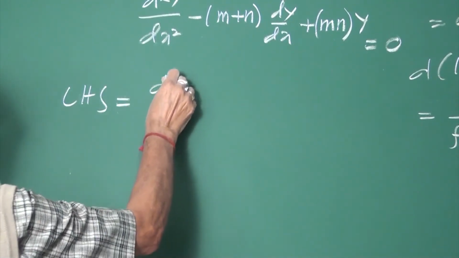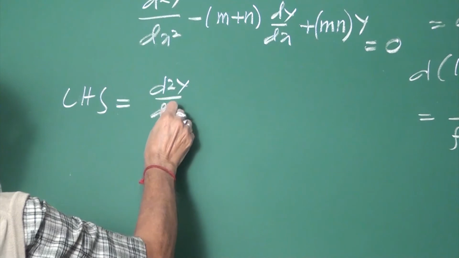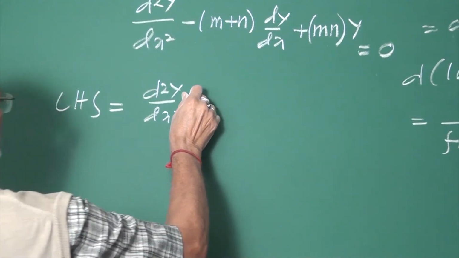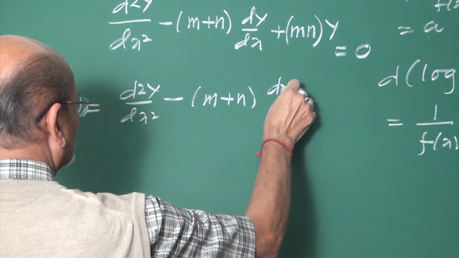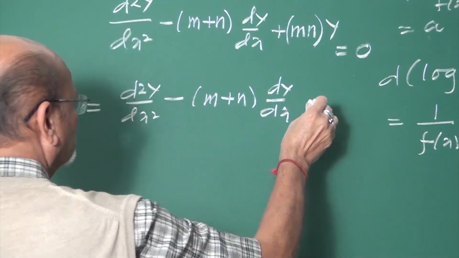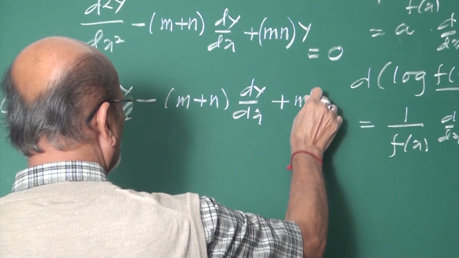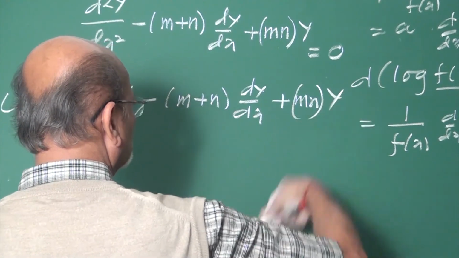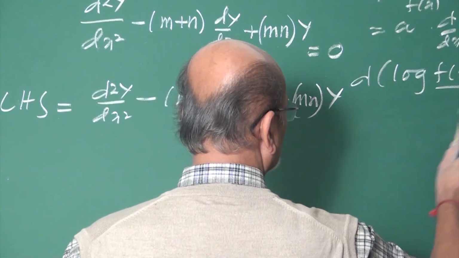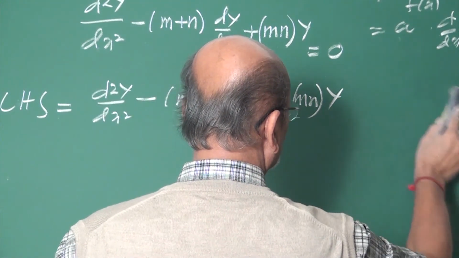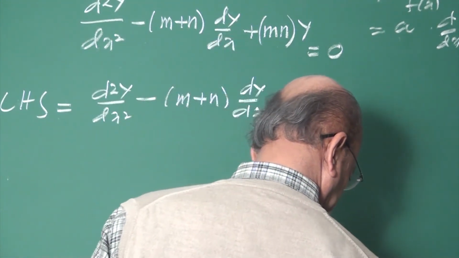LHS is d2y by dx2 minus (m plus n) into dy by dx plus mn into y. This is the LHS. Right, friend.